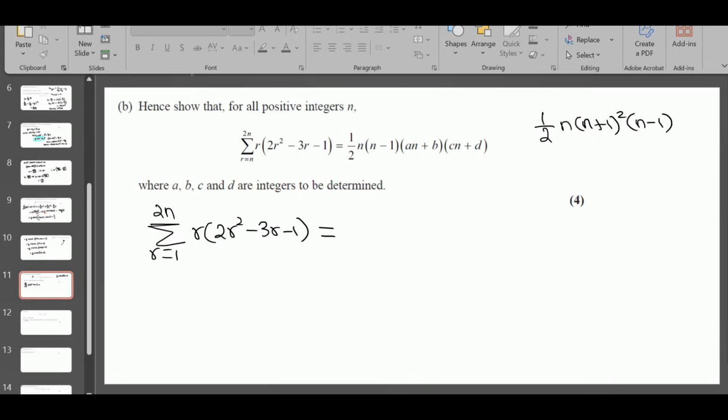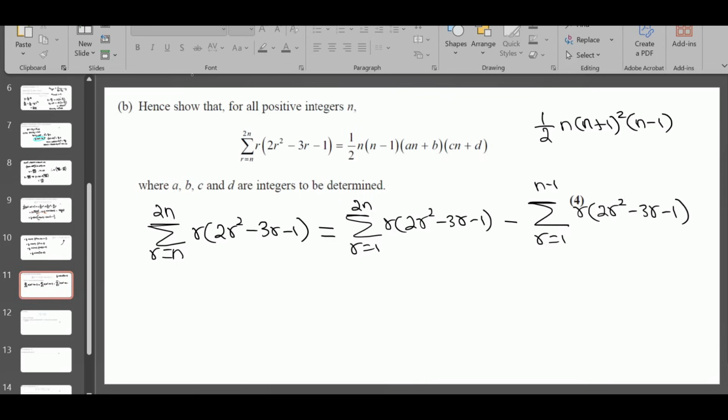But if you look at the lower limit, it's not 1 actually. If it is 1, just replace here n by 2n, right? Because the upper limit is 2n, but the lower limit has to be 1 actually. So we are going to split the sigma notation. This is not 1 to 2n, it's n to 2n. We are going to take it as 1 to 2n, r times 2r square minus 3r minus 1, minus 1 to n minus 1.